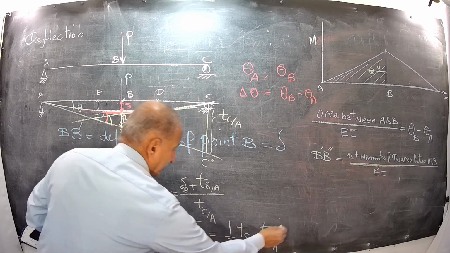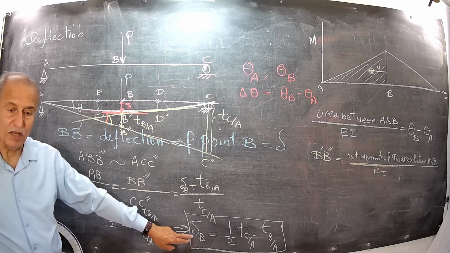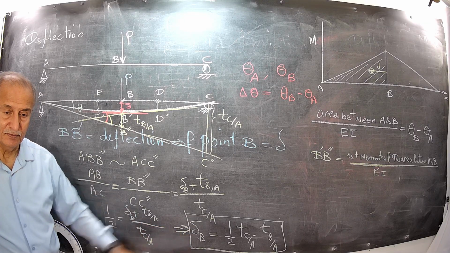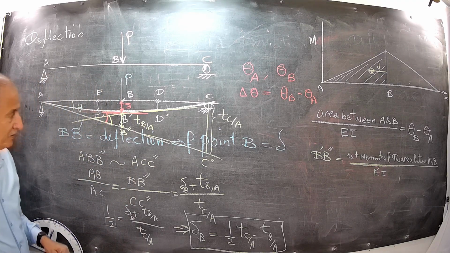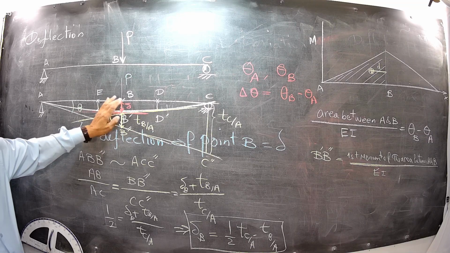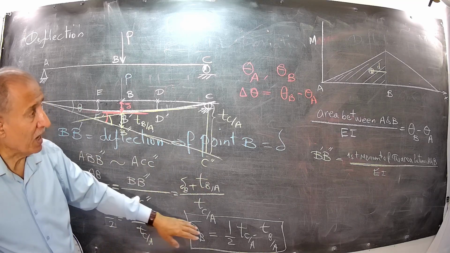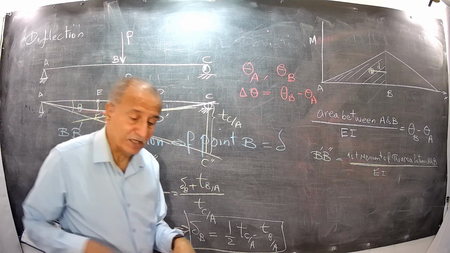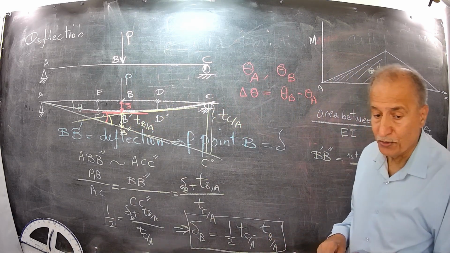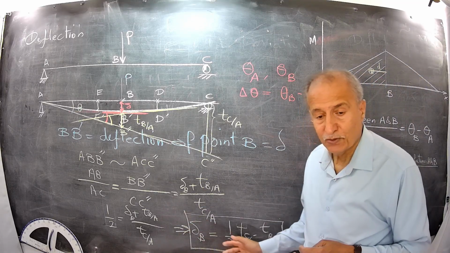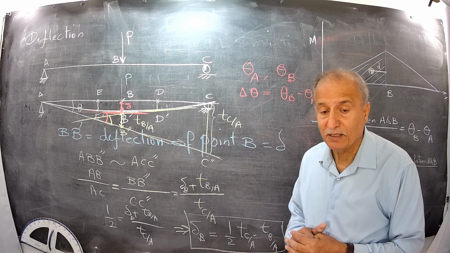I rearrange this part, then I calculate the deflection at B by using the second theorem, deviations. This is why we have to calculate deviation first and use geometry to find the deflection. For a simply supported beam, you need that.